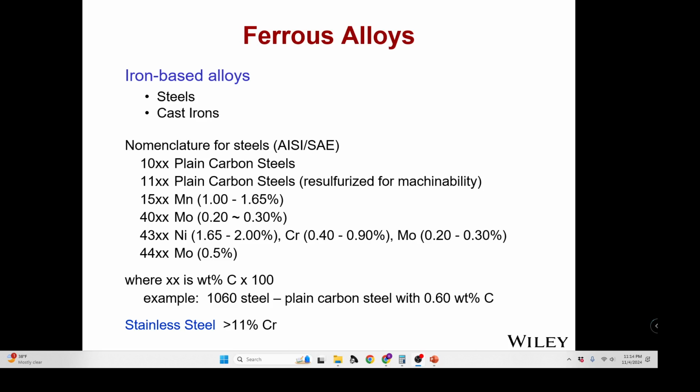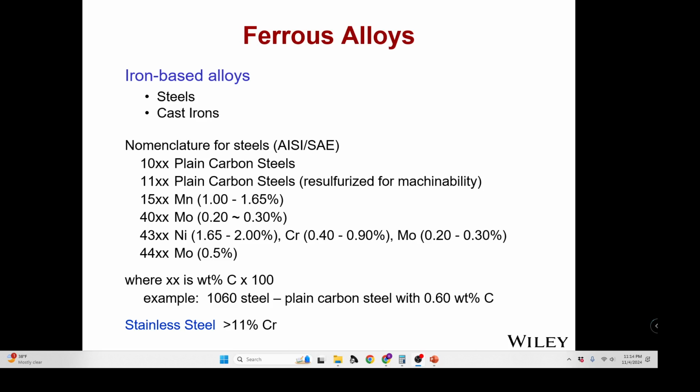So steels and cast irons are these iron-based alloys. And the nomenclature, so that you can identify the way that these work, is this 10 series is a plain carbon steel. An 11 series is a plain carbon steel that's resulfurized to allow easier machinability. A 15 series is about 1 to 1.65%.